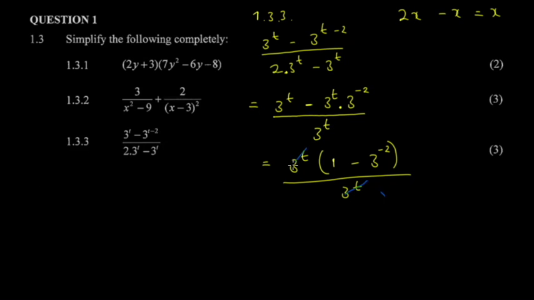So this one and this one, they cancel out, and now you're left with 1 minus 3 to the power negative 2. You flip this one, and then this power becomes positive. So 3 squared. So you have 1 minus 1 by 9, which is equal to what? You get 8 by 9. And then this is it.